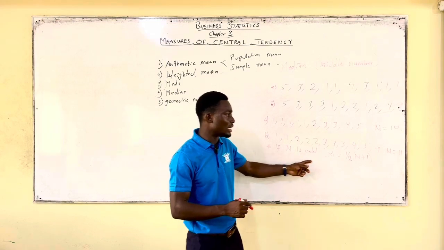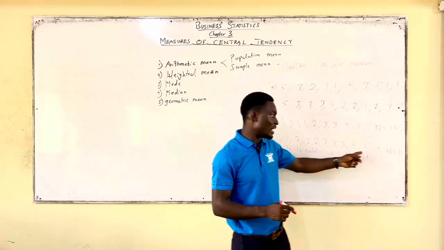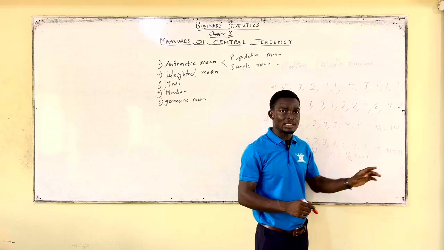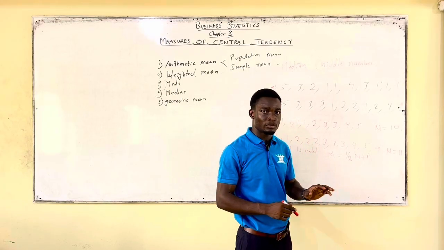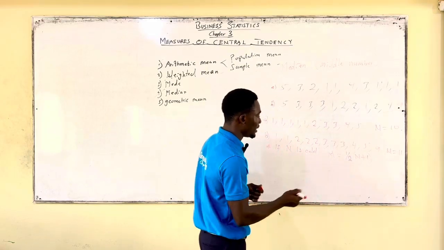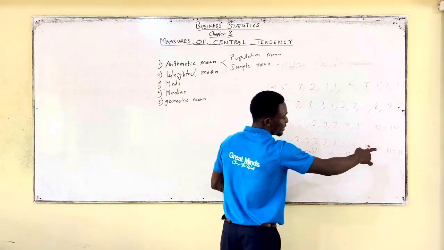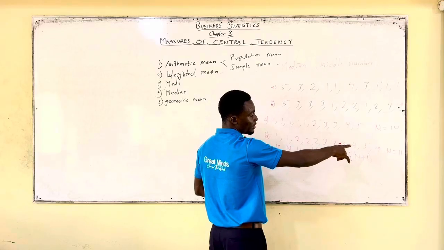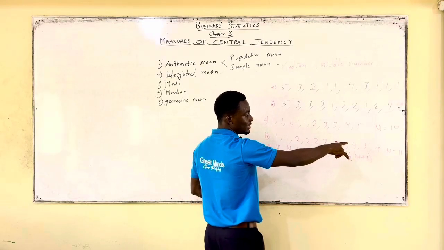If you have an odd number like this one where we have 11, 11 is an odd number, then here n is equal to 11.